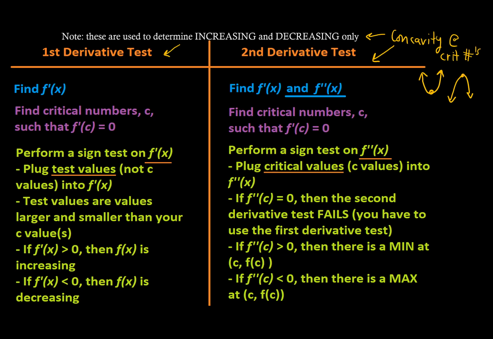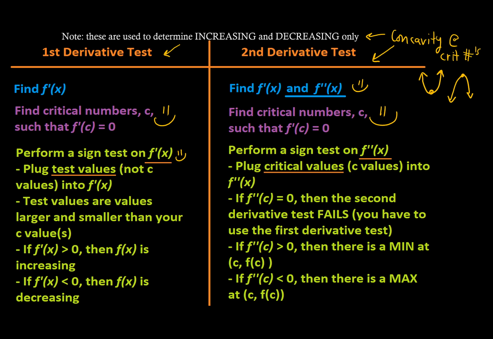Okay, the thing to remember with the first derivative test is that you are finding f prime of x. And then for the second derivative test, you are finding both f prime of x and f double prime of x. So first of all, just remember that when you're finding your critical numbers c, these are always the critical numbers of the first derivative. For the first derivative test, you perform a sign test on the first derivative.